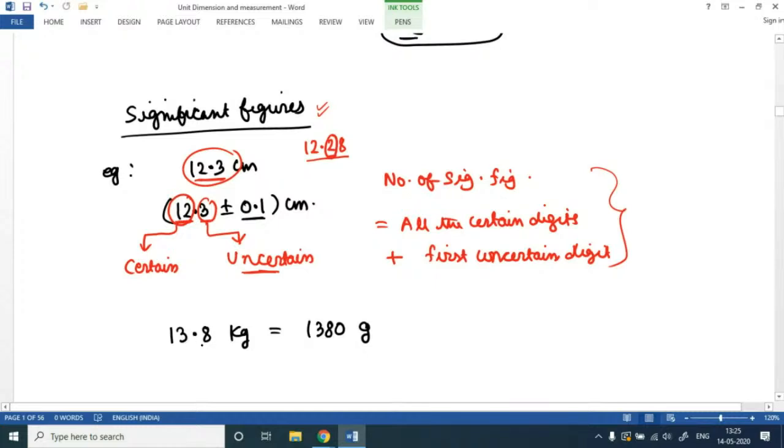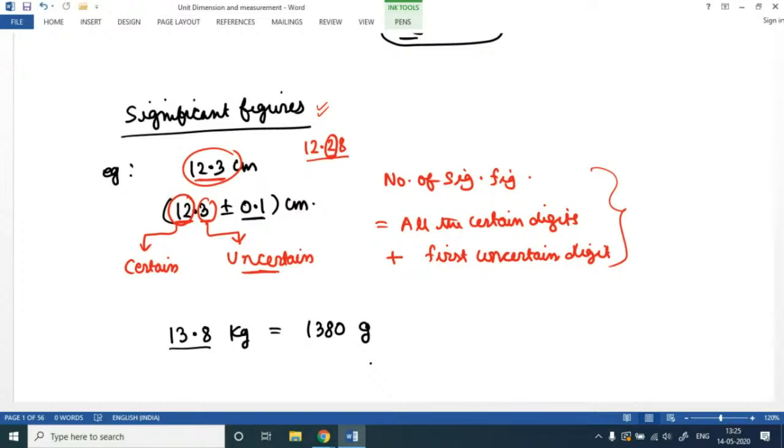You have already measured using some instrument, and you are getting 13.8 kg, and now you wanted to represent it in some other unit, say gram. Just by changing units, you cannot change the precision of measurement, because the measurement depends upon the measuring instrument only, and not on the units. It will depend upon the least count of the measuring instrument.